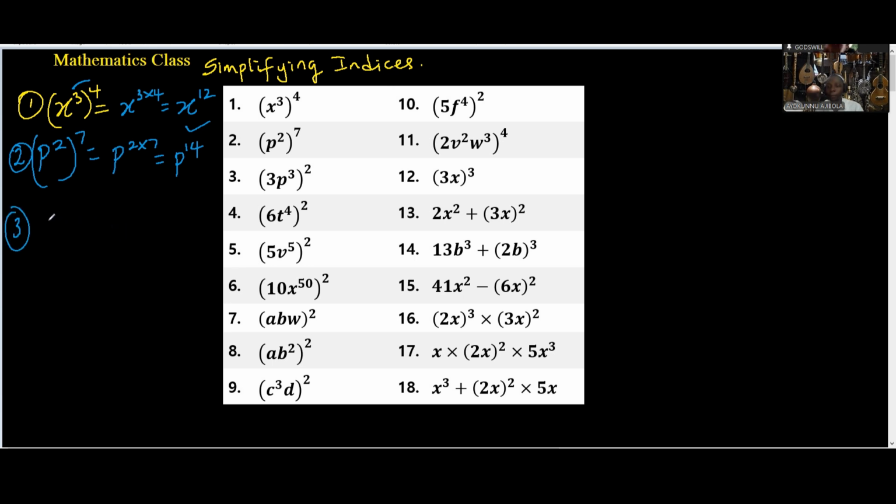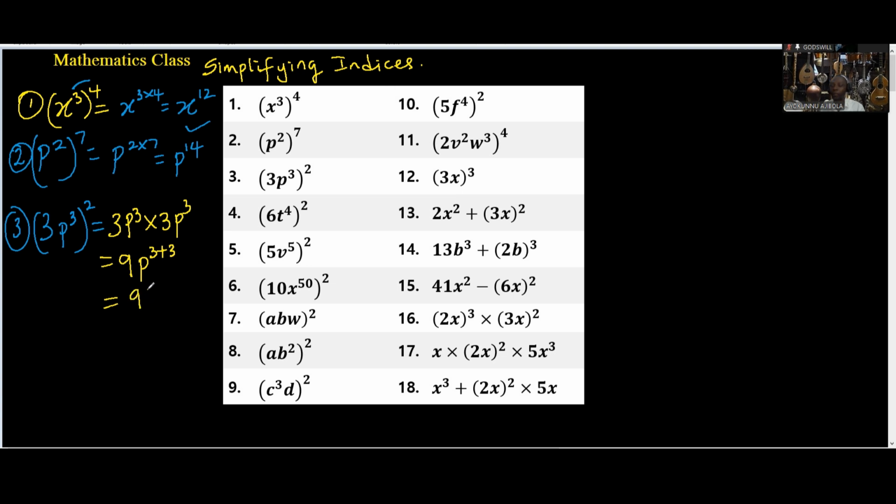Number 3, 3p cubed raised to power 2. You just said 3p cubed times 3p cubed, right? Yes, sir. So what you do is 3 times 3, 9. Then p cubed and p cubed, you add the powers, okay?